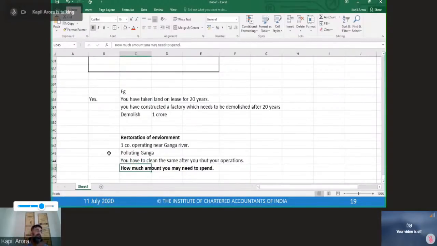So you will record a present value, and that present value will be added in the value of asset. Hope this is okay with everybody. Is that okay with all?